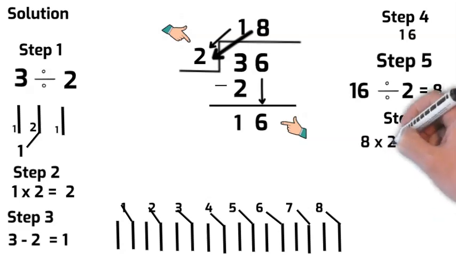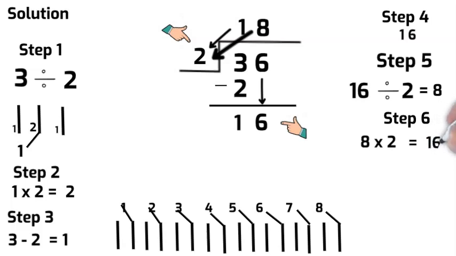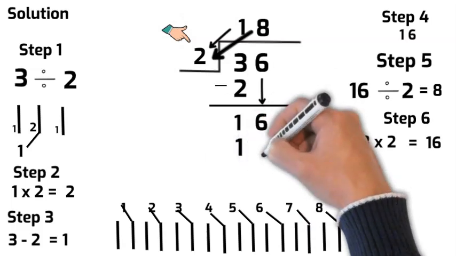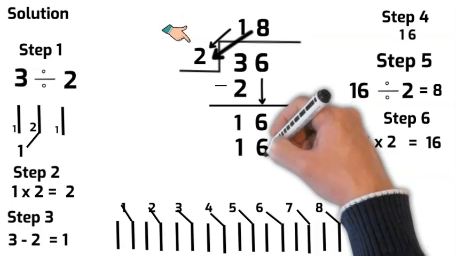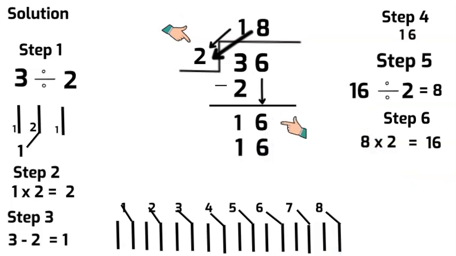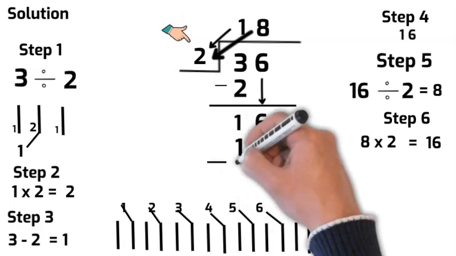What is 8 times 2? 8 times 2 is 16. We go to the bottom and write down 16 like this. After which we rule a horizontal line to create space for our next operation.